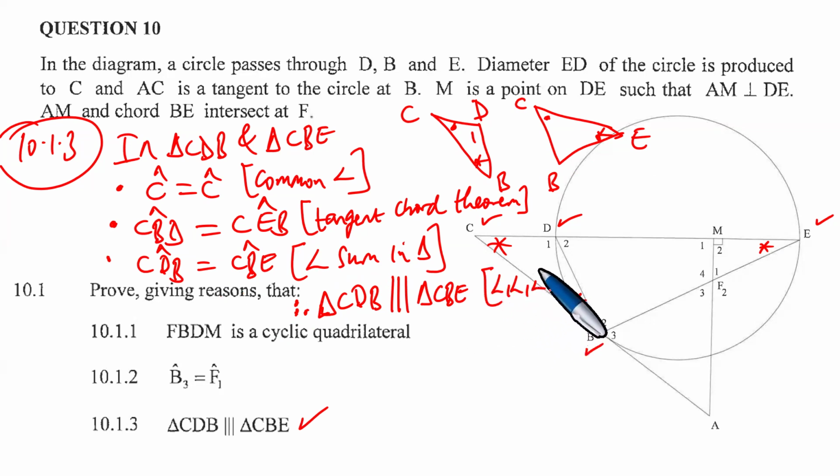Angle, angle, angle. So we've been able to prove that these two triangles are similar to each other. To prove that two triangles are similar, we need to prove that the two triangles are equiangular, that the corresponding angles of the triangles are equal.